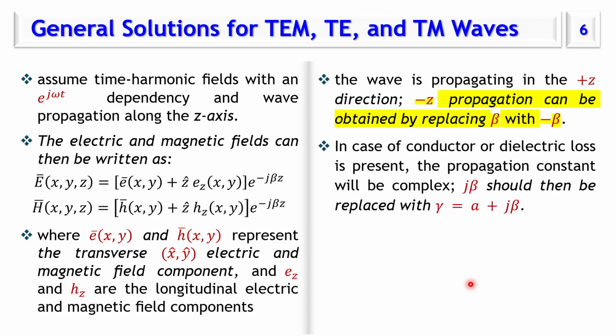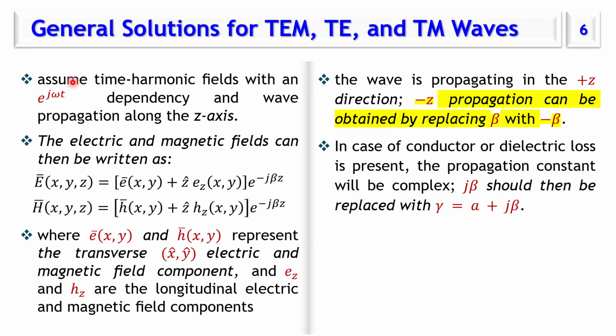We are starting by writing down the expression for the field. We'll assume it's time harmonic with e to the j omega t dependency, which we covered in previous undergraduate courses when we talked about Maxwell's equations, and also reviewed in the first lecture.